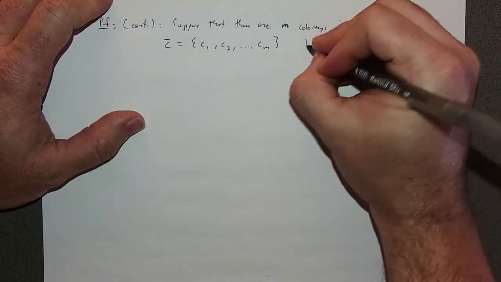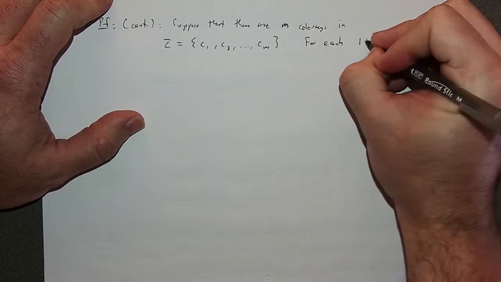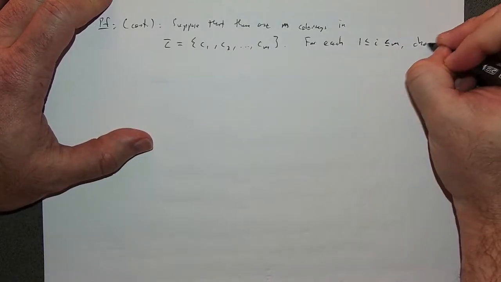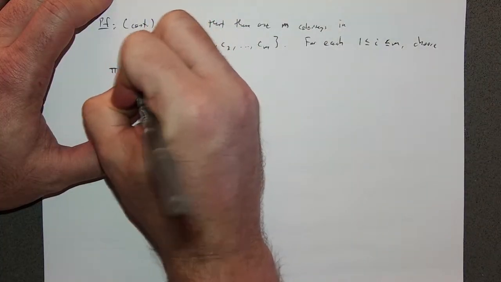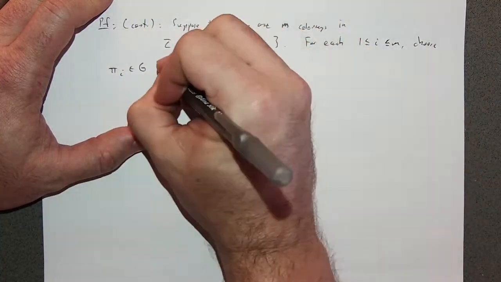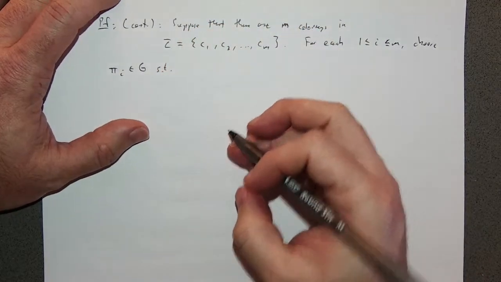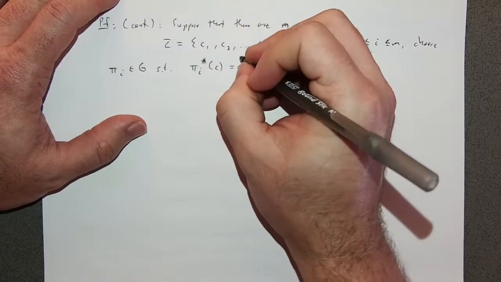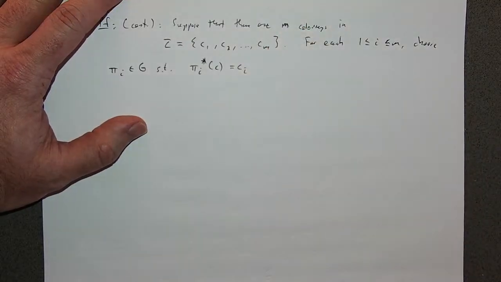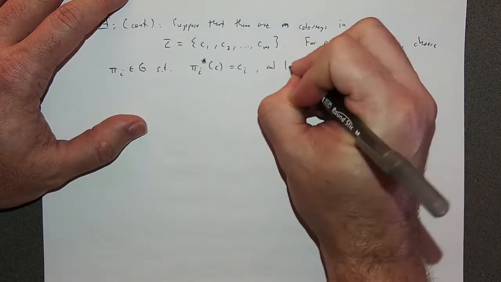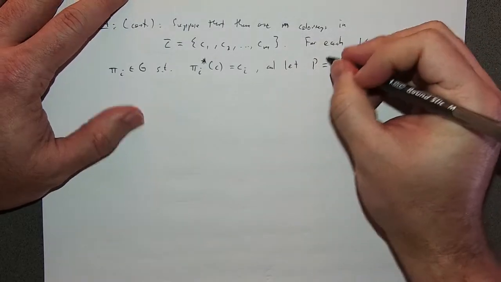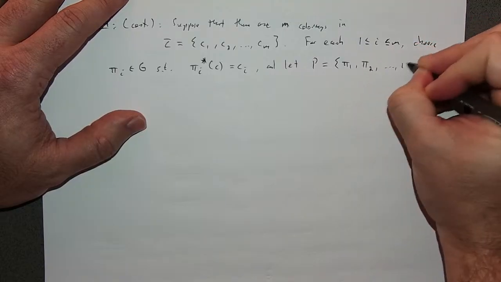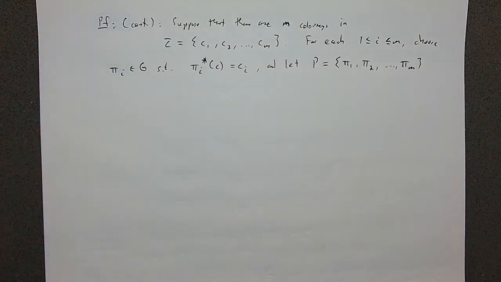For each i between 1 and m, let's choose a permutation pi sub i in G such that pi sub i star of C is equal to C sub i, and let P be the set of our m permutations, pi sub 1 out to pi sub m.